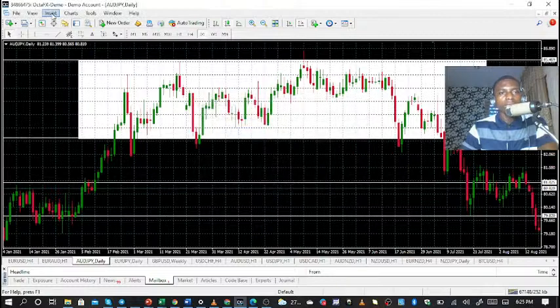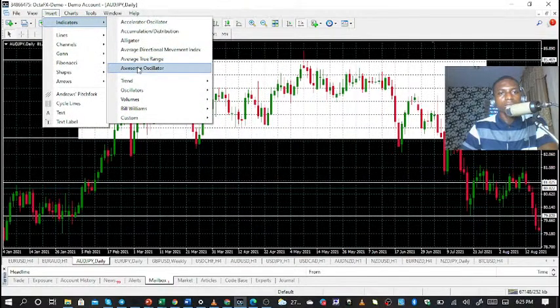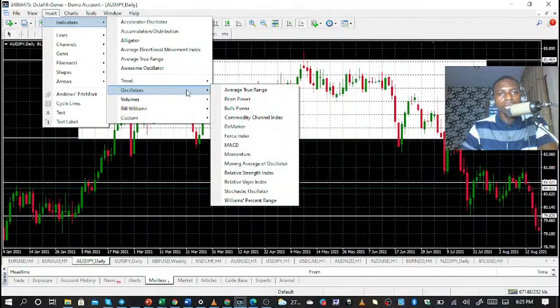Then you go to insert indicators, and we look at oscillators. We have average true range, bear power, bull power, commodity channel index, relative strength index, relative vigor index, stochastics, so many of them.